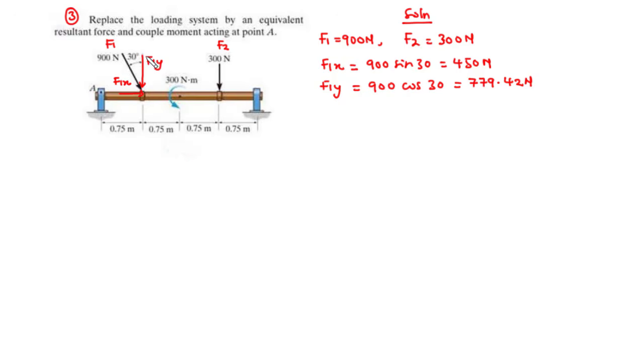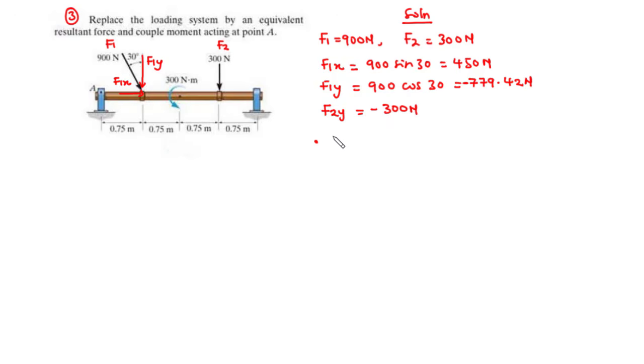Now, because it is acting vertically downwards, then it becomes negative. Also for F2, we have F2 acting vertically downwards, and so this happens to be the vertical component. So that becomes F2y, and that is equal to negative 300 newtons.